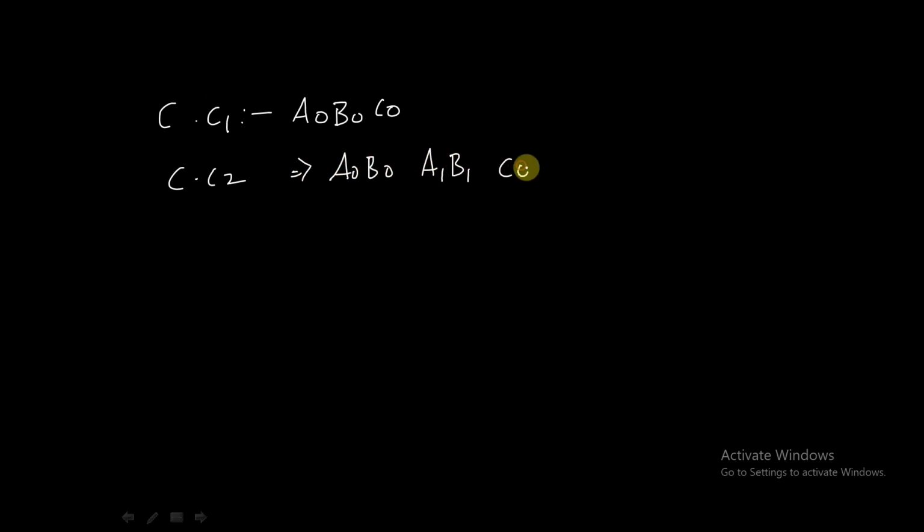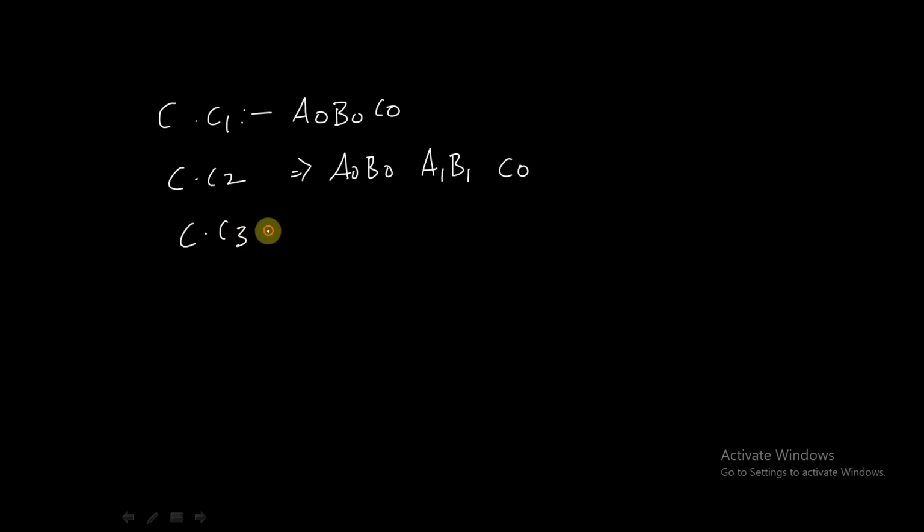So for my combinational circuit 1, my inputs are A naught, B naught, and C naught. For my combinational circuit 2, my inputs are A naught, B naught, A1, B1, and C naught.